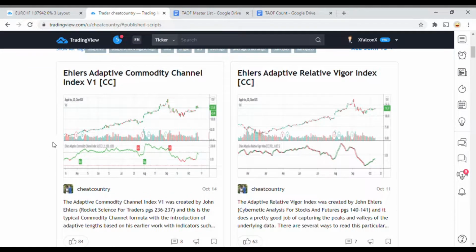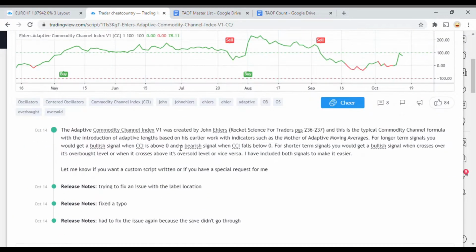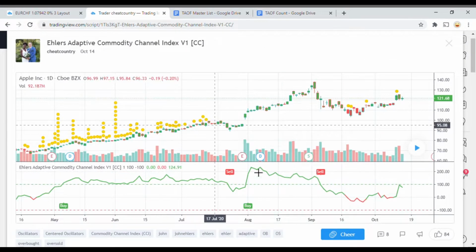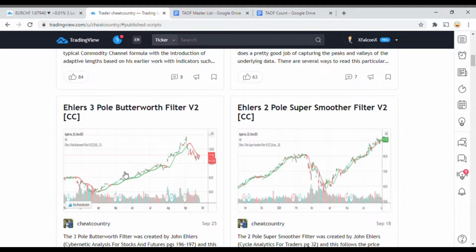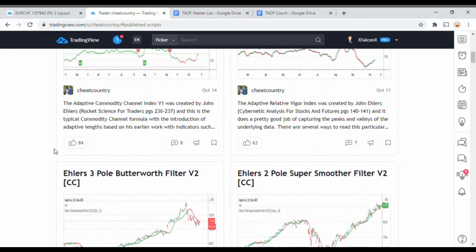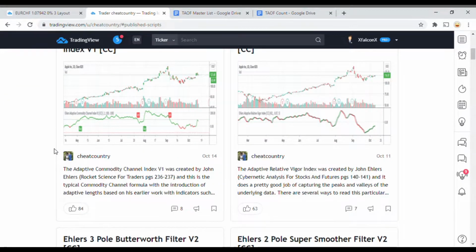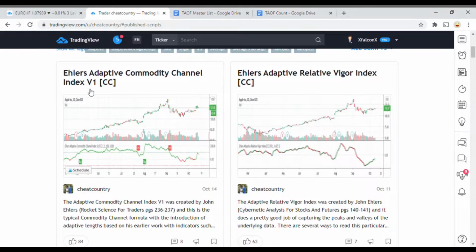And again, Cheat Country, the creator of them, often will within the notes give you other ideas, other hints as to how one indicator could be used with others, or at the very least, what you could do is, as you are going through the Ehlers indicators on his page, you can then cross-reference those with John Ehlers's material and see how he recommends it should be layered with whatever other indicator to get a better, more functional system out of it.